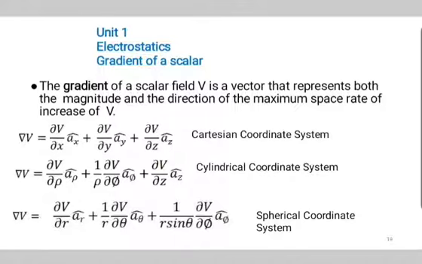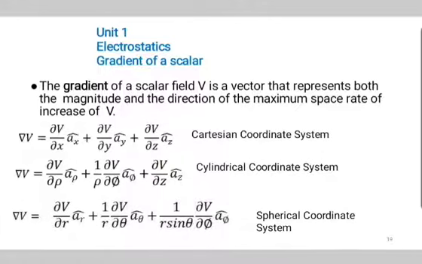Now the vector operator delta is defined as delta equals d by dx of ax bar plus d by dy of ay bar plus d by dz of az bar. The operator delta can operate on scalar as well as vector.